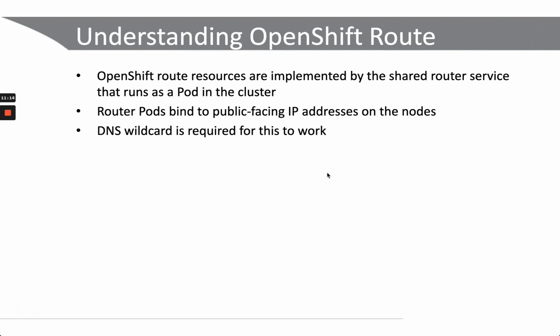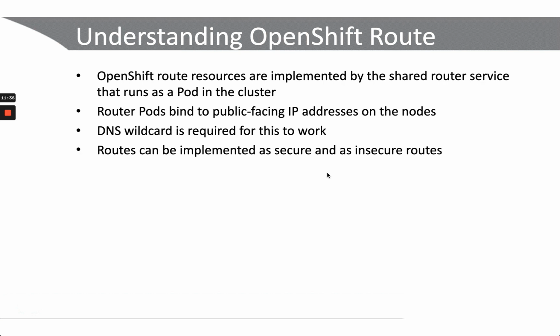So in provided DNS, you need wildcard entries, star.myapp.com, something like that, in which star is resolved to anything. So anything that is sent to myapp.com will go to this DNS wildcard.